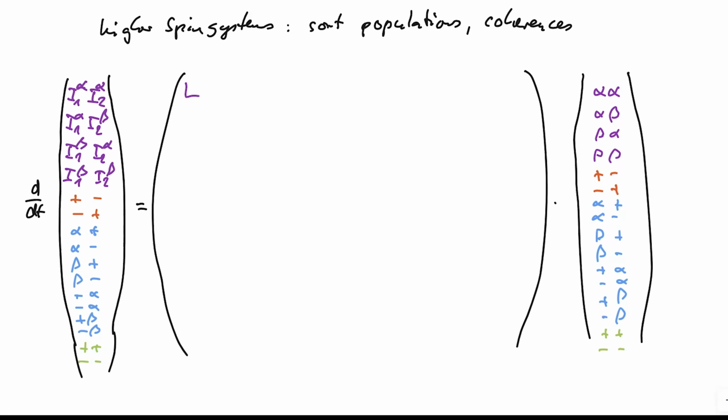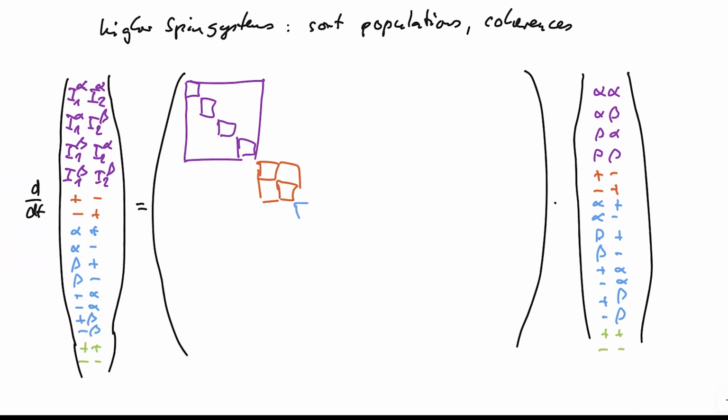And we have these diagonal elements and this kite for the populations. Then we have two elements here.